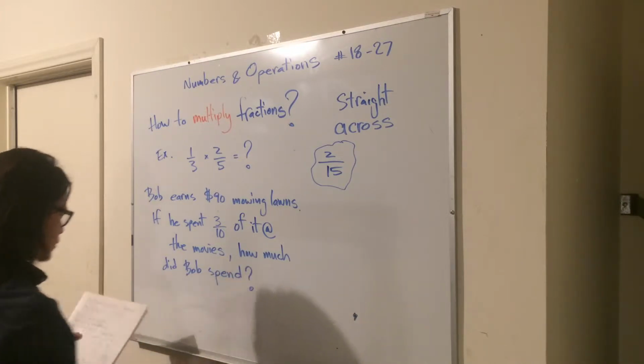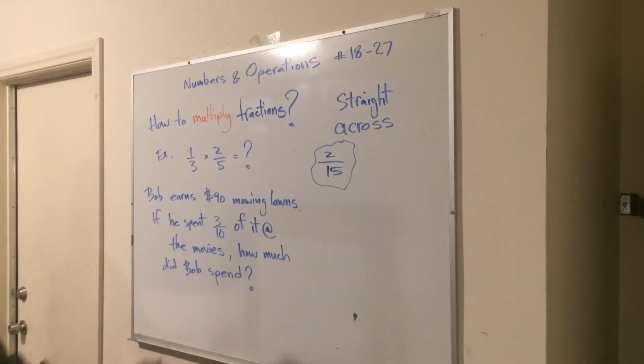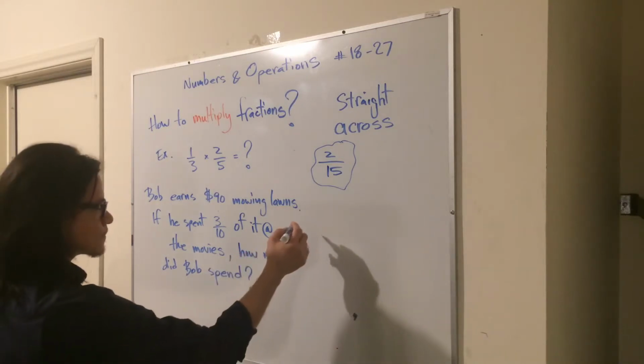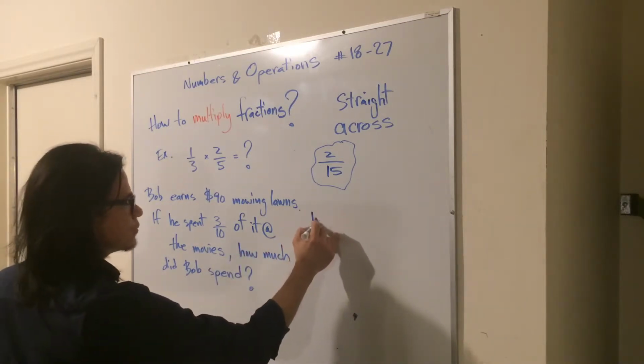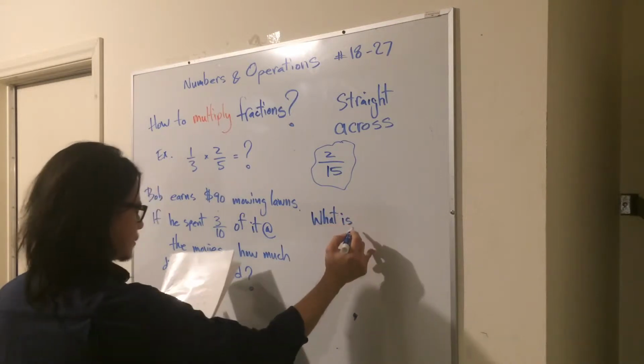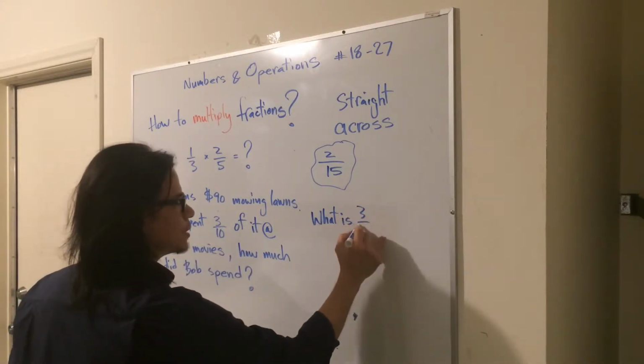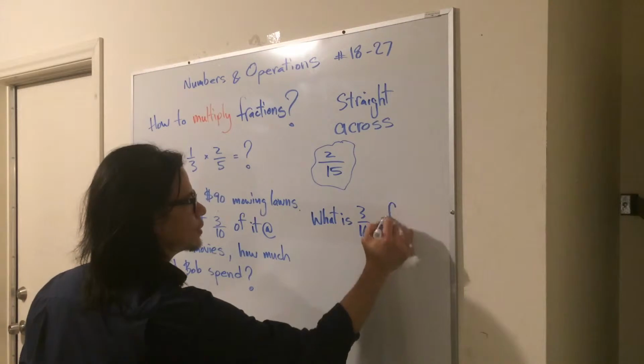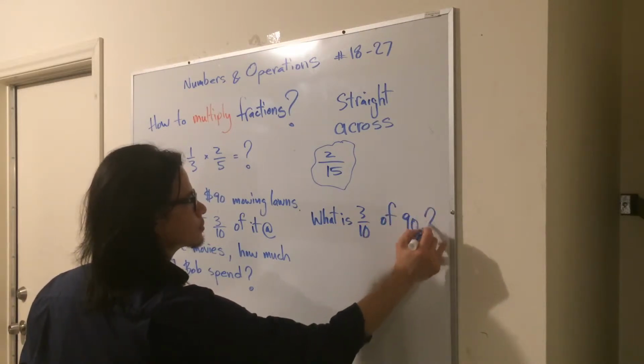Okay, so if you only knew what 3/10 of 90 is, that's how much he spent at the theater. So the question that we need to find out is, what is 3/10 of 90?